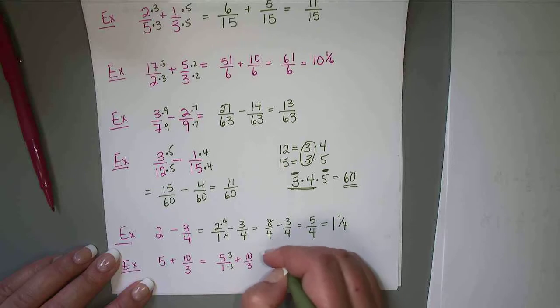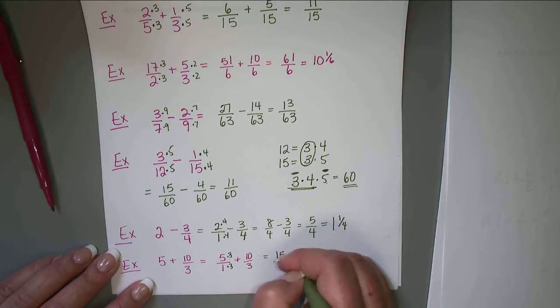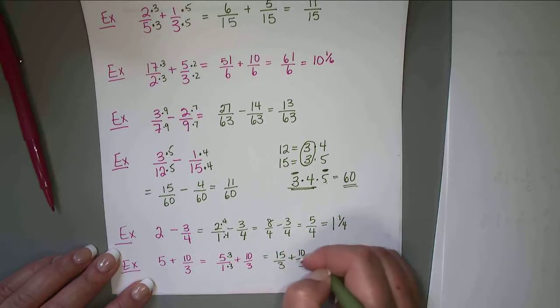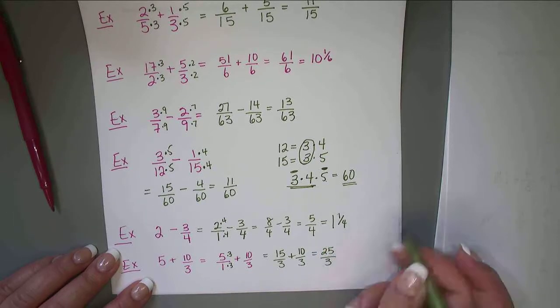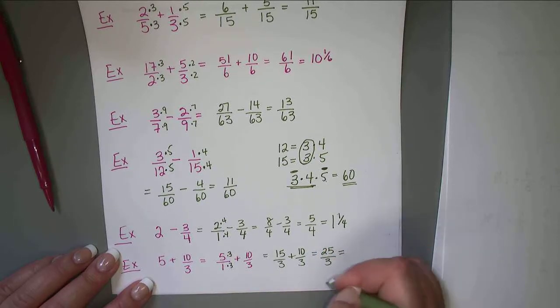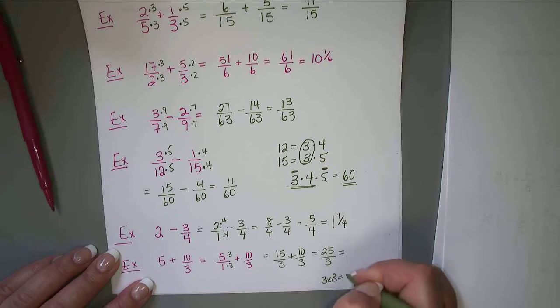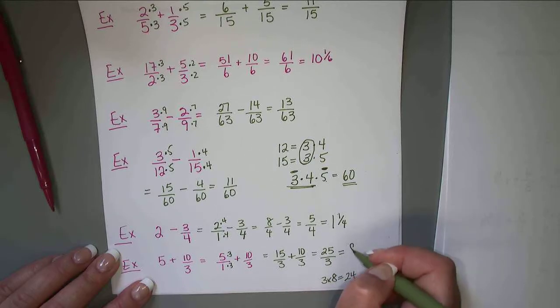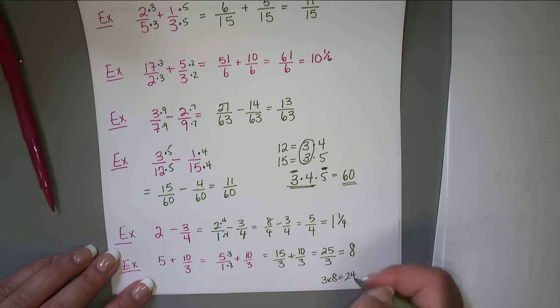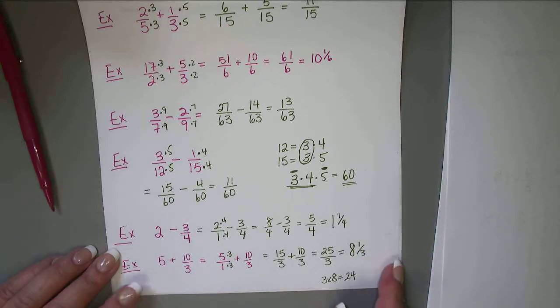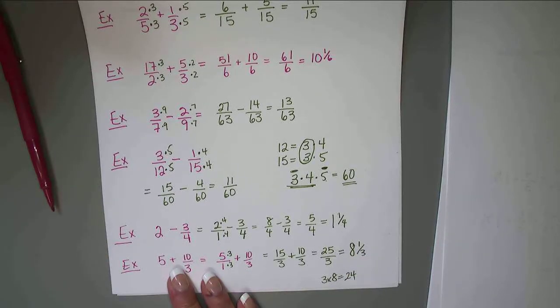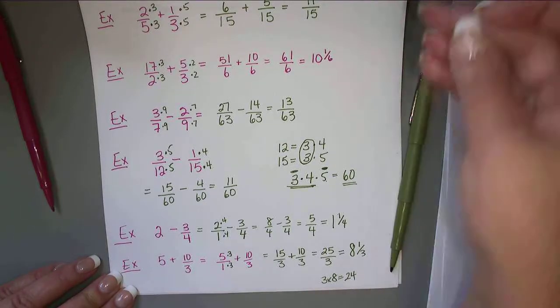So this will be 15 over 3 plus 10 over 3 is 25 over 3. Now 3 goes into 25 8 times. It's 24, so 8 times, and with 1 left over out of 3.